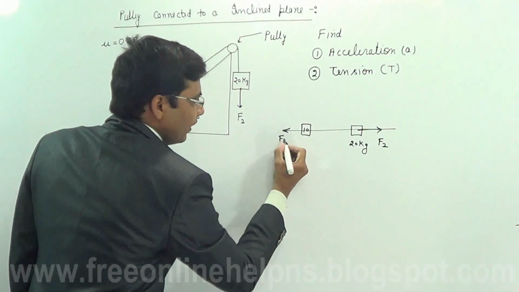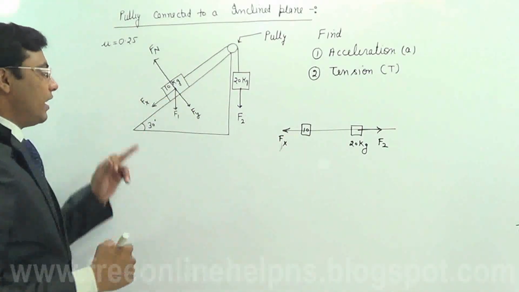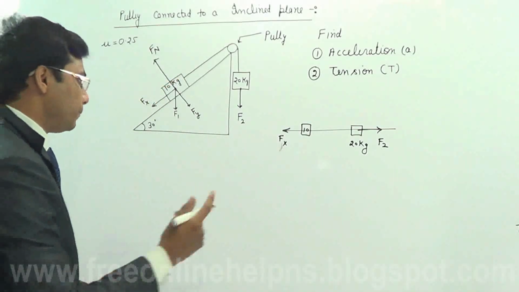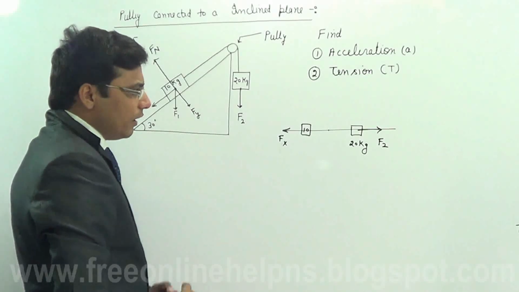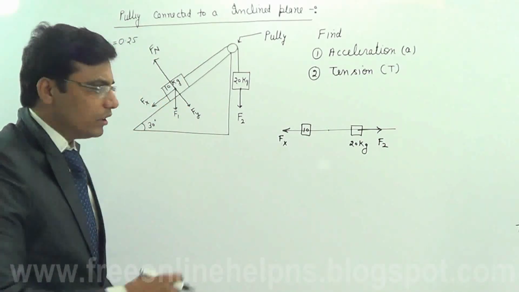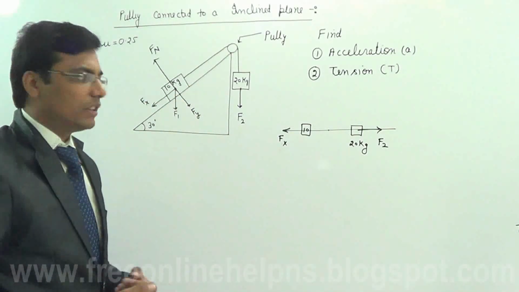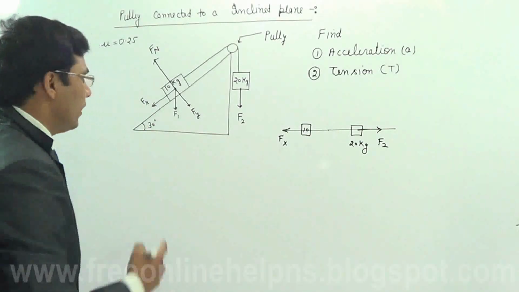This is not F1, it is Fx, because this Fx force is responsible for the slipping of the body. Now watch which force is stronger, because the direction of movement depends upon the stronger force. So first we will calculate the values of Fx and F2.